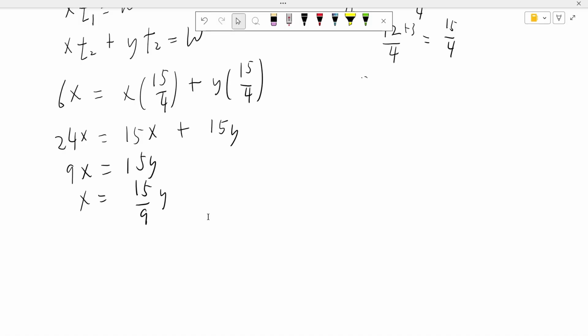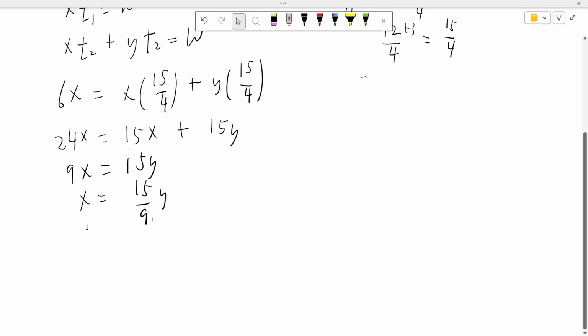What that means generally is that Alice is actually working faster than Ben because this number is greater than 1.